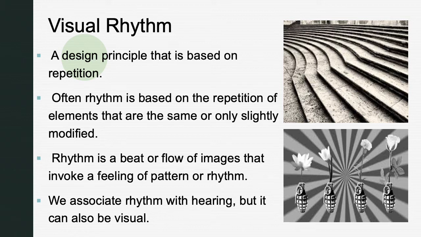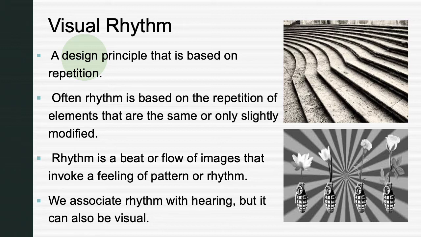Often, rhythm is based on the repetition of elements that are the same or only slightly modified, like in color or in size. Rhythm is a beat or flow of images that evoke a feeling of pattern or rhythm.